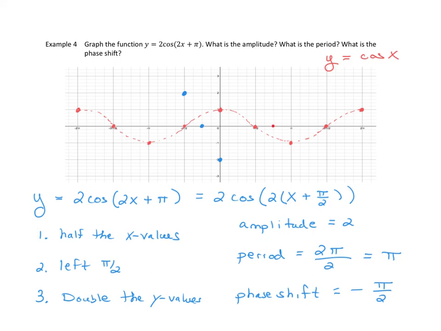If I move pi over 2 to the left, I end up at pi over 4. The y value was 0, so it goes at 0 after I multiply by 2. Now this point, if I take half of the x value, I go to pi. If I go pi over 2 to the left, I end up at pi over 2. And if I double the y value, I end up with 2.